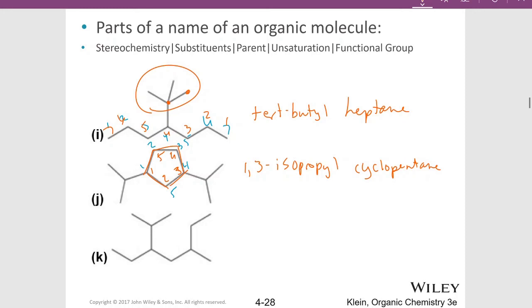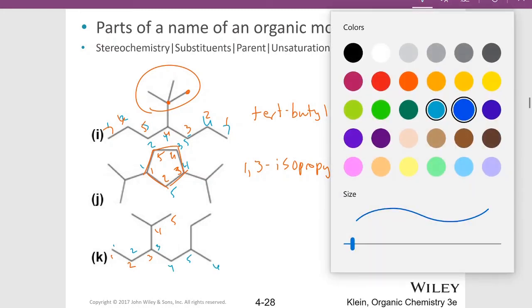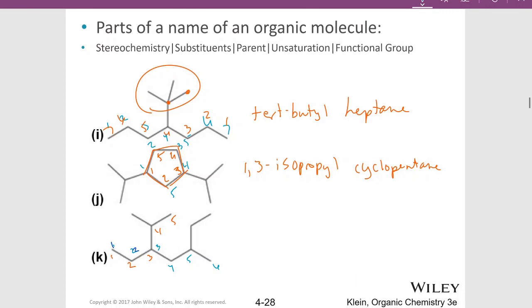All right, the next molecule, we may have to work a little bit to find this parent. So let's start numbering. 1, 2, 3, 4, 5. That's probably not it. 1, 2, 3, 4, 5, 6. That's probably not it. 1, 2, 3, 4, 5, 6, 7. I think that's going to be our longest carbon chain.